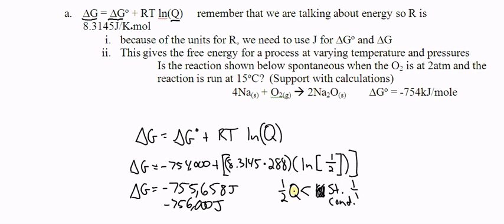With that, the system is going to be encouraged to push more towards the product side. How do we show a system that's pushing more towards the product side? Well, we have a more negative delta G value. So essentially that's how this equation works. It allows us to take a known standard free energy and turn it into a free energy at some new temperature and or pressure or concentration.